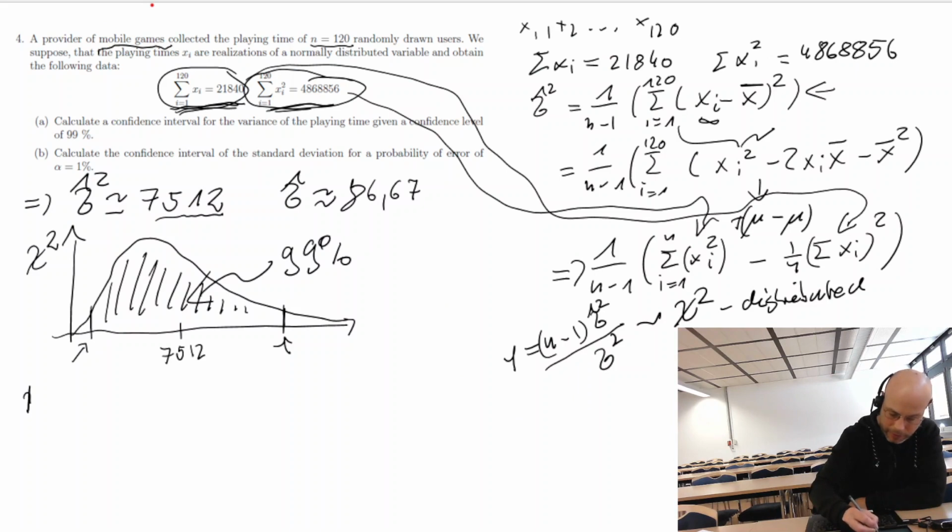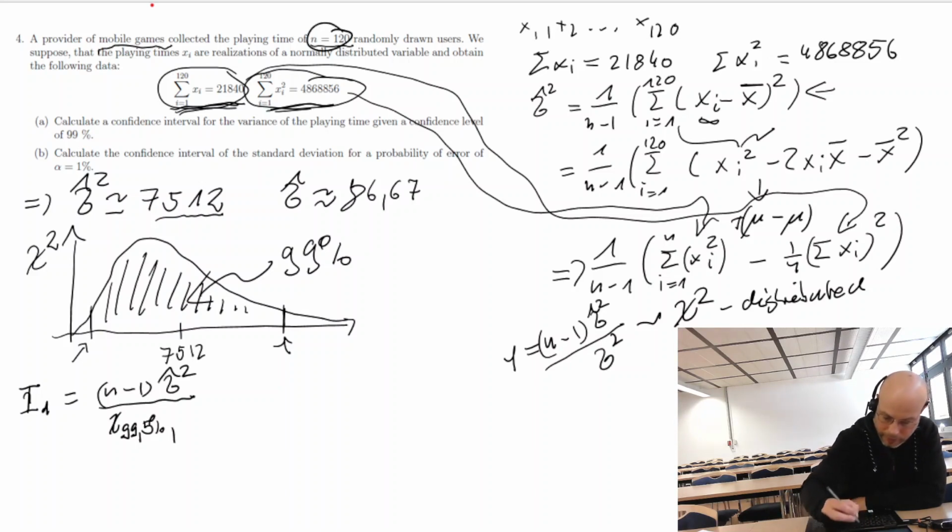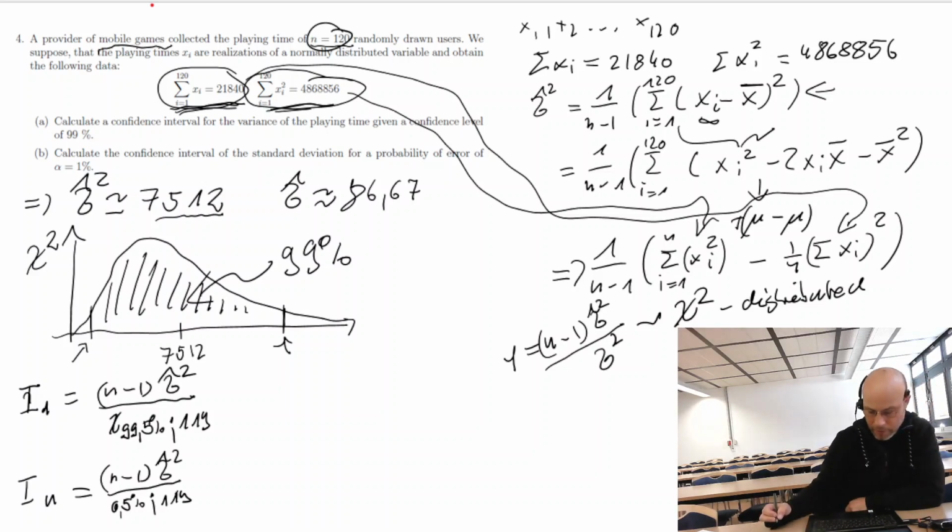So the lower limit equals (n minus 1) sigma hat squared over chi squared, in our case 99.5%, and n minus 1 is 119, and the upper limit is (n minus 1) sigma hat squared over chi squared 0.5%, 119 degrees of freedom.